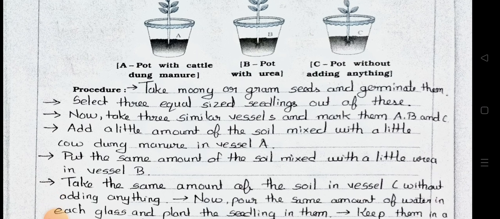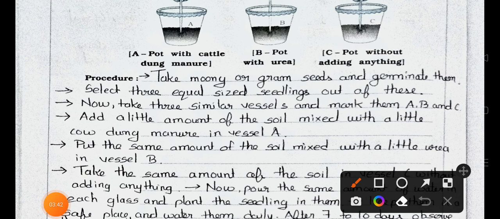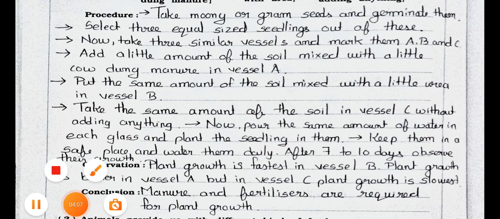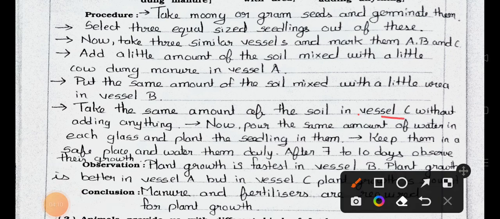Now see the procedure. Take mung or gram seeds and germinate them. Select 3 equal size seedlings out of these. Now take 3 similar vessels and mark them A, B and C. Add a little amount of soil mixed with a little cow dung manure in vessel A. Now see, put the same amount of soil mixed with a little urea in vessel B. Now take the same amount of soil in vessel C without adding anything.